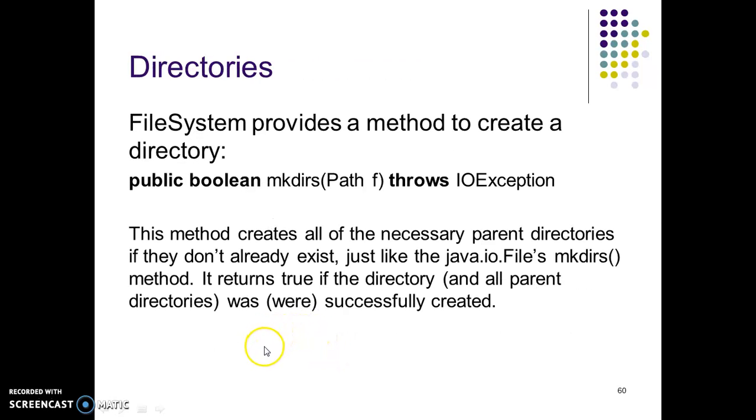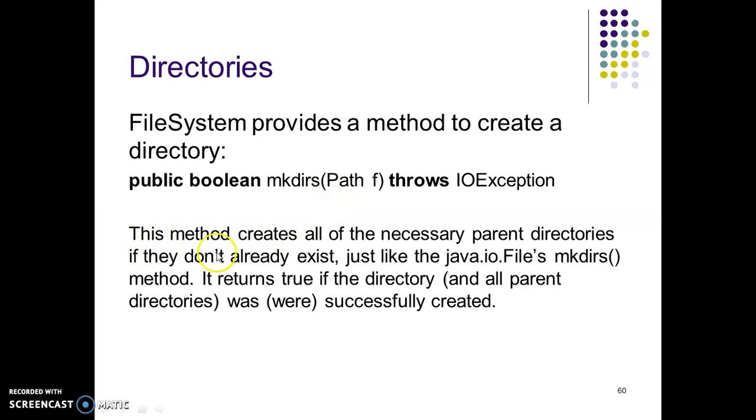Next, let's look at directories. We have already seen how exactly the HDFS files can be read or written, and similarly directories also play a major role in working with any file system. Let's see how directories are made. Whenever we are talking about directories, we make use of a method called mkdirs, which returns a boolean, true or false, and we need to give the path where exactly the directories have to be created.